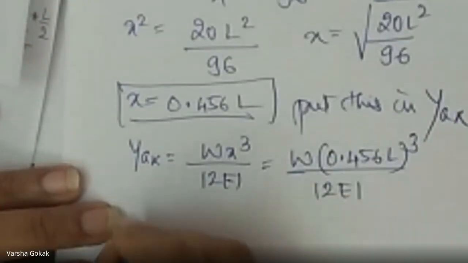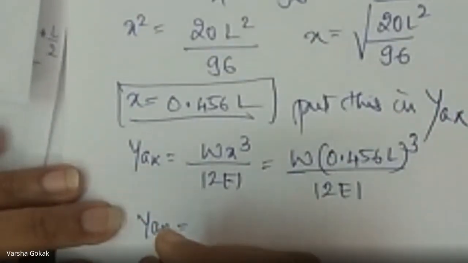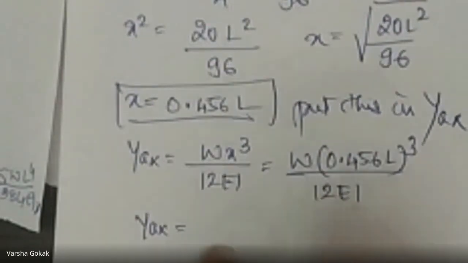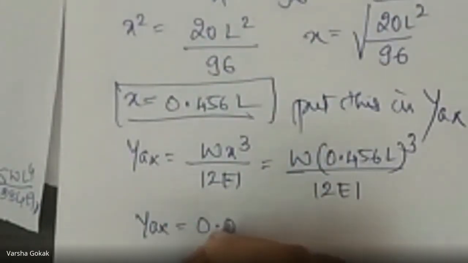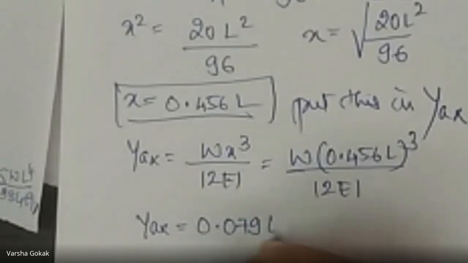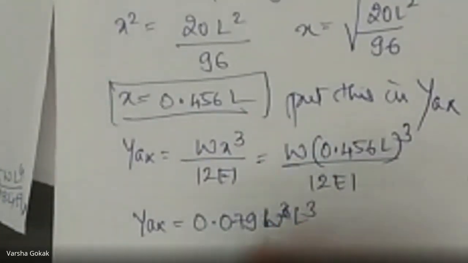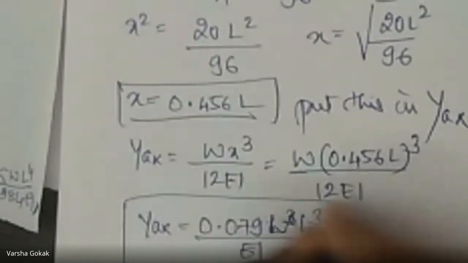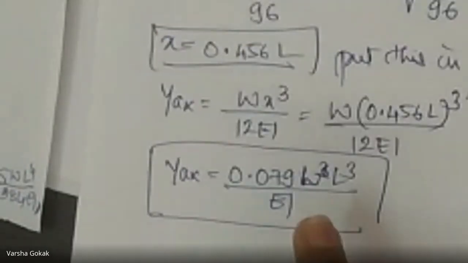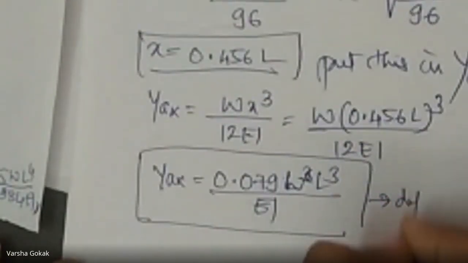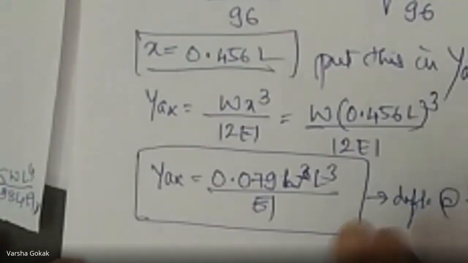So, on solving that I will get a term of y(ax). When I open this bracket, that is cube this divided by 12, I get the value as 0.079 W L cube divided by EI. This is the value of deflection at x. Clear? So this is nothing but deflection at x obtained.